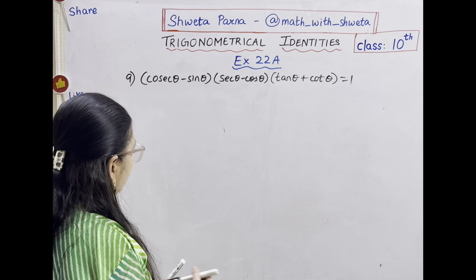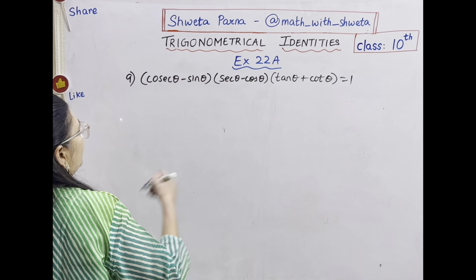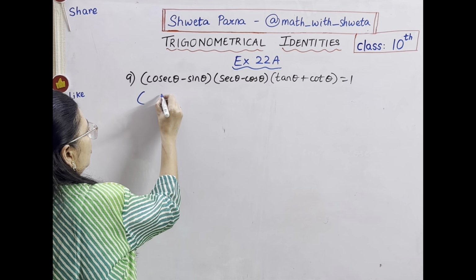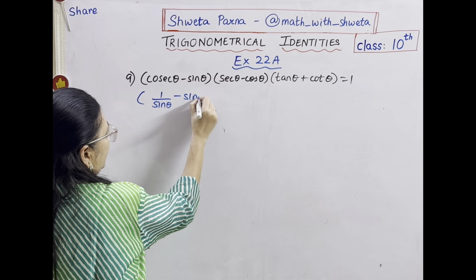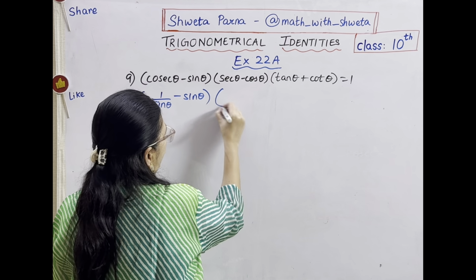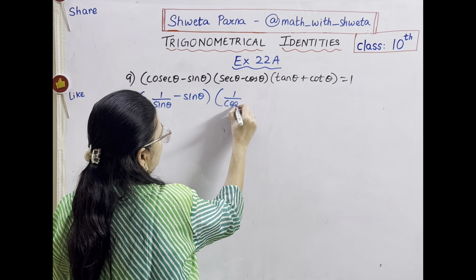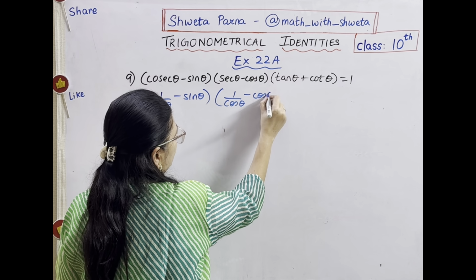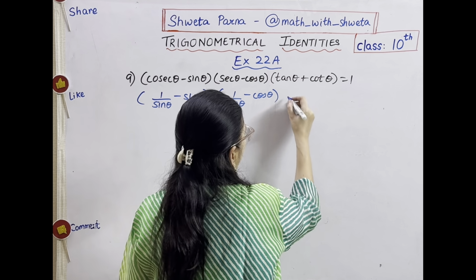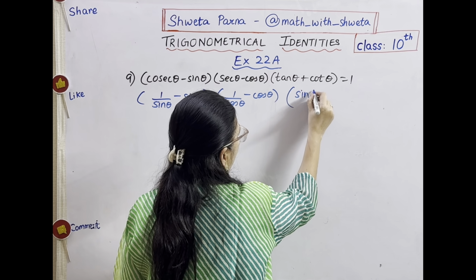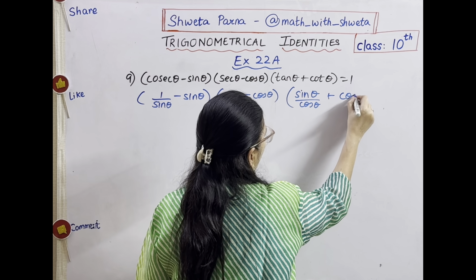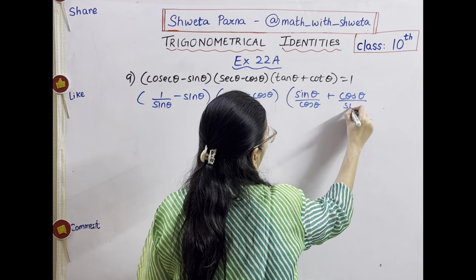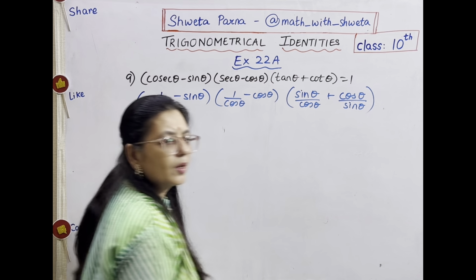Cosec theta minus sin theta. So first thing, let's convert cosec theta. What is cosec theta? Cosec theta is 1 upon sin theta minus this sin theta. Sec theta is 1 upon cos theta minus cos theta. Tan theta. Tan theta is sin theta upon cos theta. Cot theta is cos theta upon sin theta. Okay.